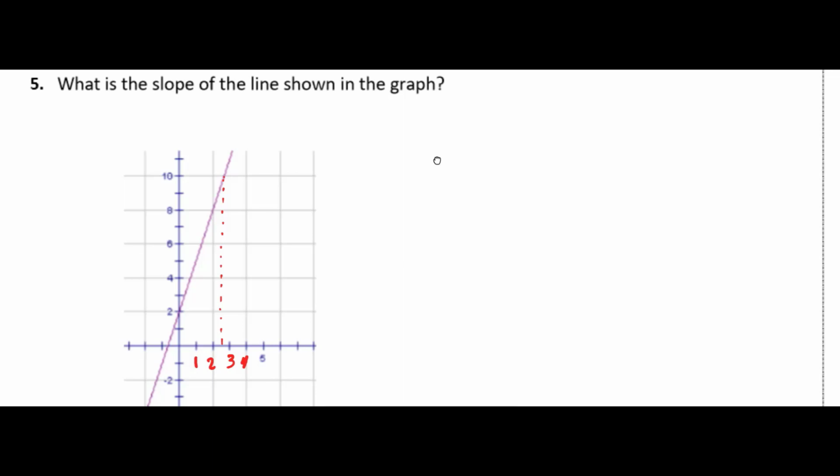This between 2 and 3, maybe 2.4, 2.5, 2.6, I don't know. That's why we can't use this point. We need point is very clear. If you can see, this point is clear. This point also is clear. We can use it.